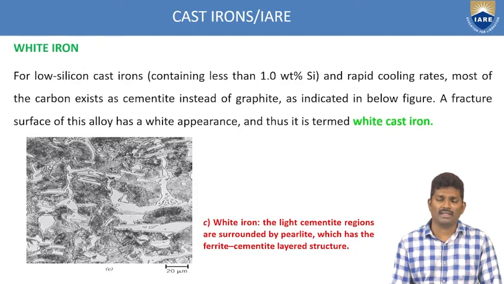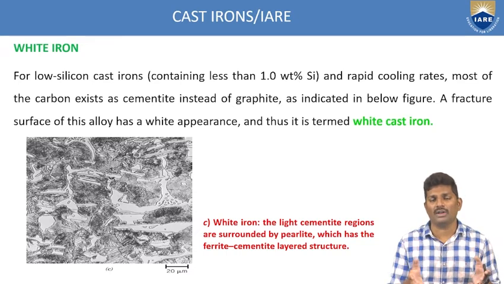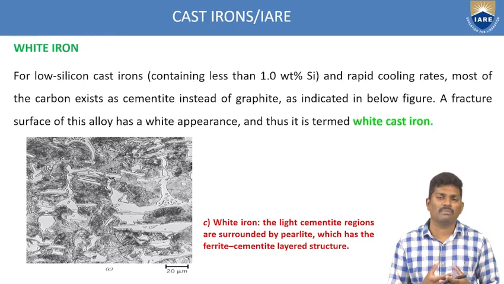Now coming to the white iron, this is another type of cast iron. The first one we have seen was gray, and now this is the white iron. Depending upon the texture, the microstructure, and the arrangement of the ferrite or pearlite, you can easily identify what type of material it is.